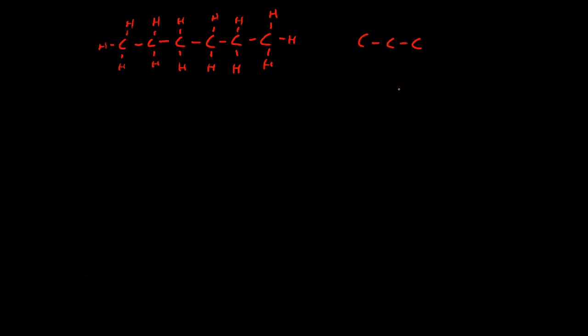So while that is not an isomer, this is, because now the carbons are connected together differently. It's not just one long chain of carbons. It is one slightly shorter chain with a carbon in the middle. So go ahead and pause the video and see if you can come up with 3 more of the possible isomers of hexane.